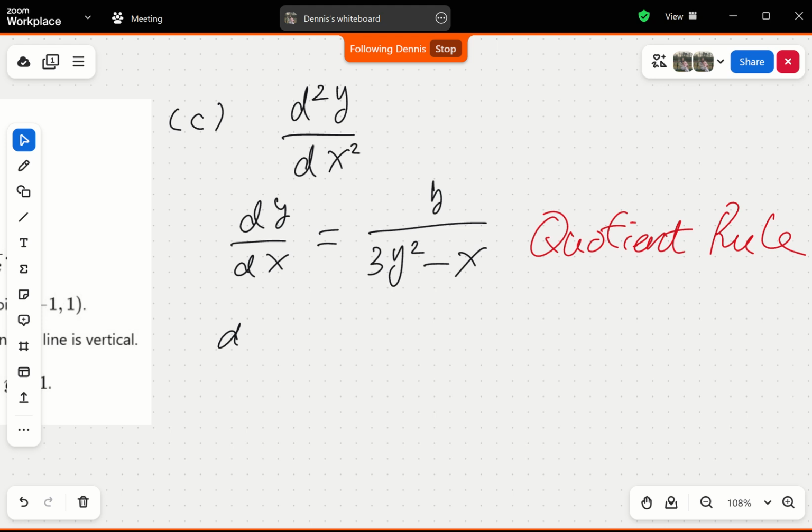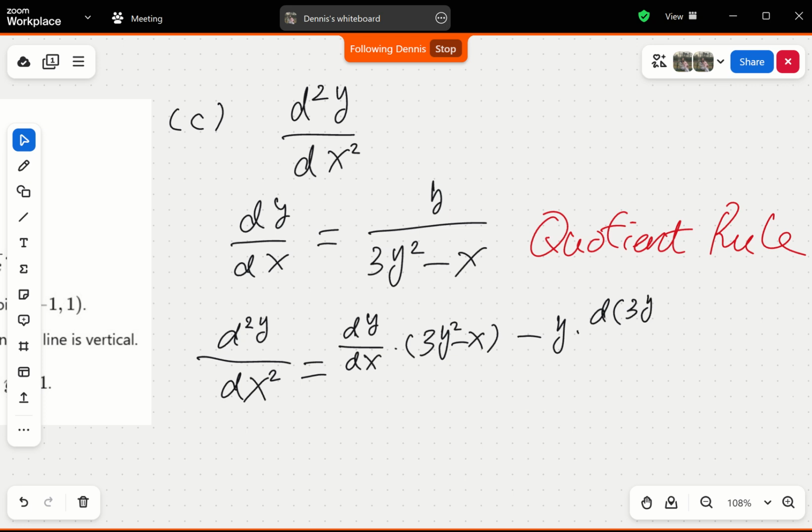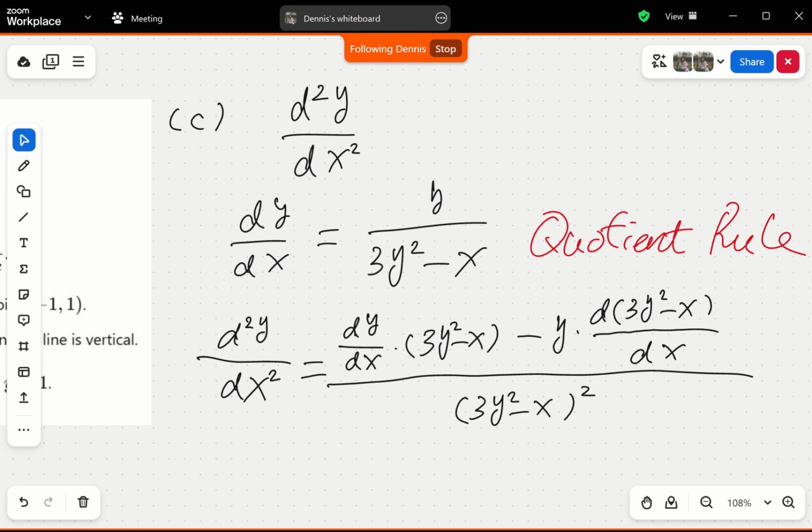And then the second derivative of y with respect to x can be directly solved as the derivative of the numerator, which is dy with respect to x, times the denominator, 3y squared minus x, minus the numerator, y, times the derivative of the denominator, 3y squared minus x with respect to x, and then over the denominator, which is (3y squared minus x) squared.